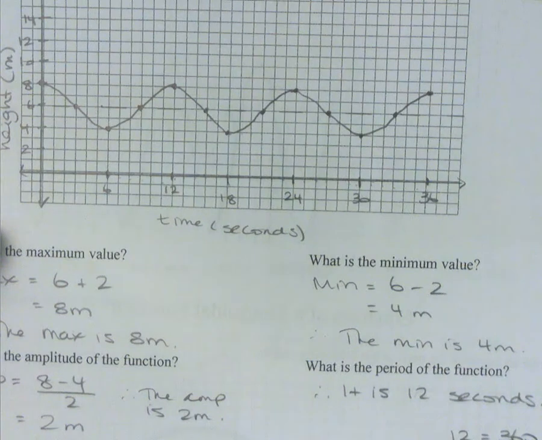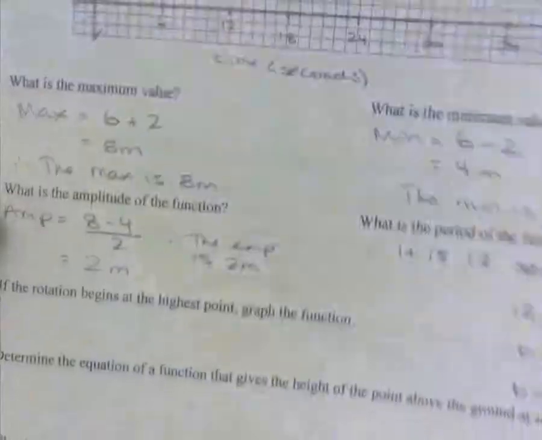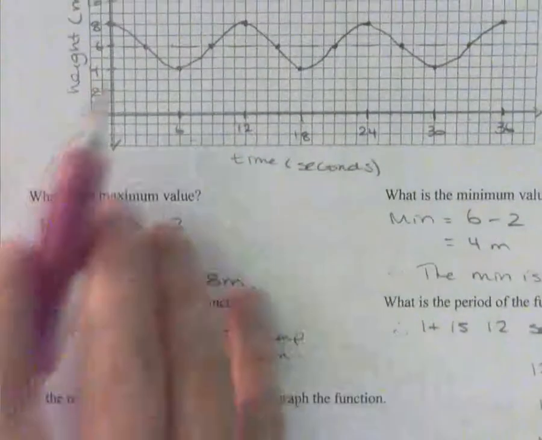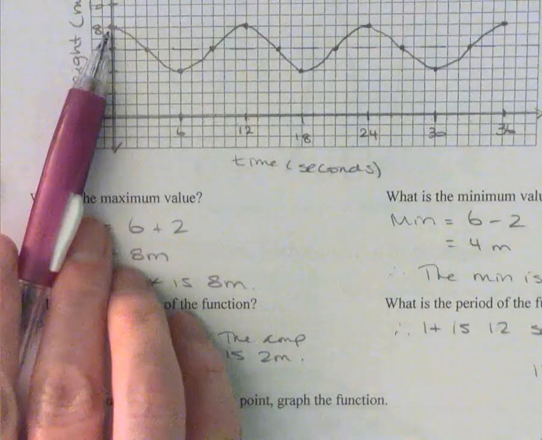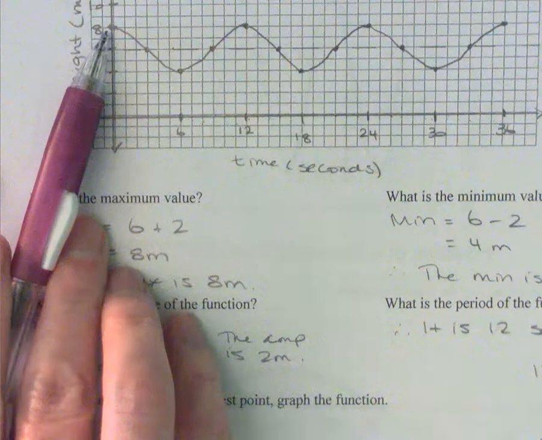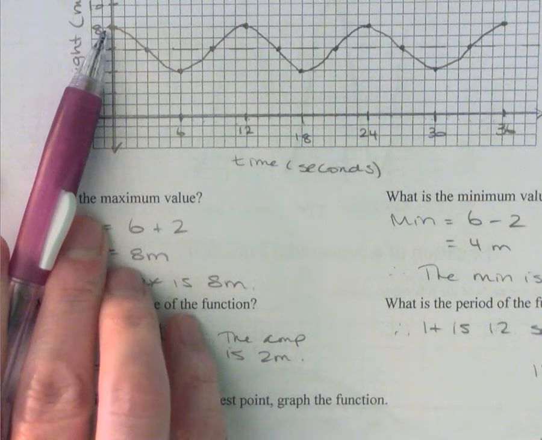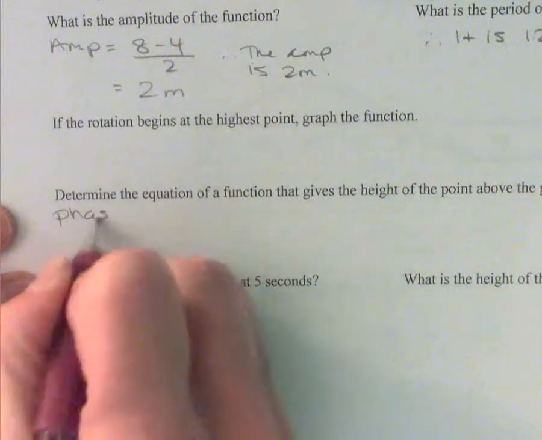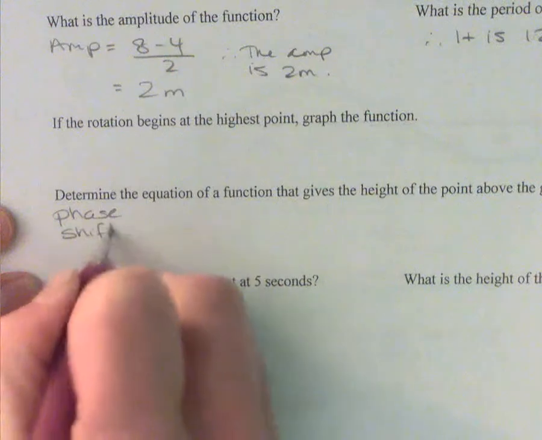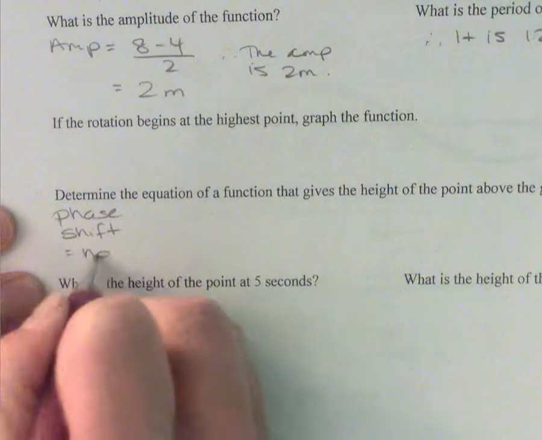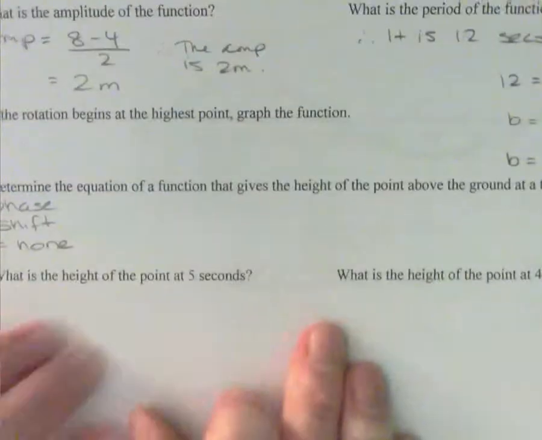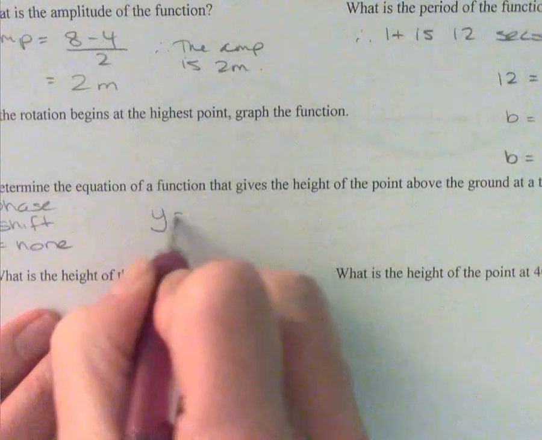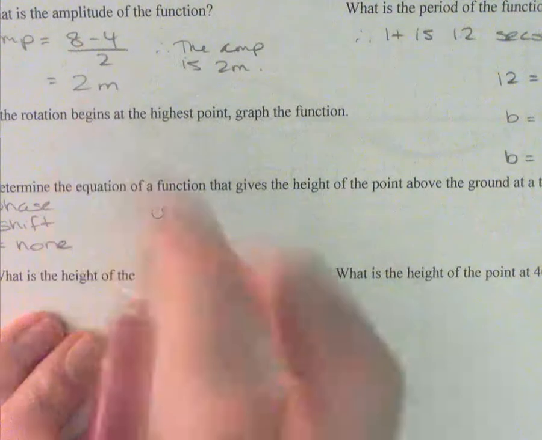It wants an equation for the graph. So I might as well do a cosine graph with no phase shift. Nice and easy. It already starts at its maximum. I'm not going to make more work for myself, so I'm going to say for the phase shift there is none. So I can say that y is equal to, my amplitude was 2 meters, so 2.